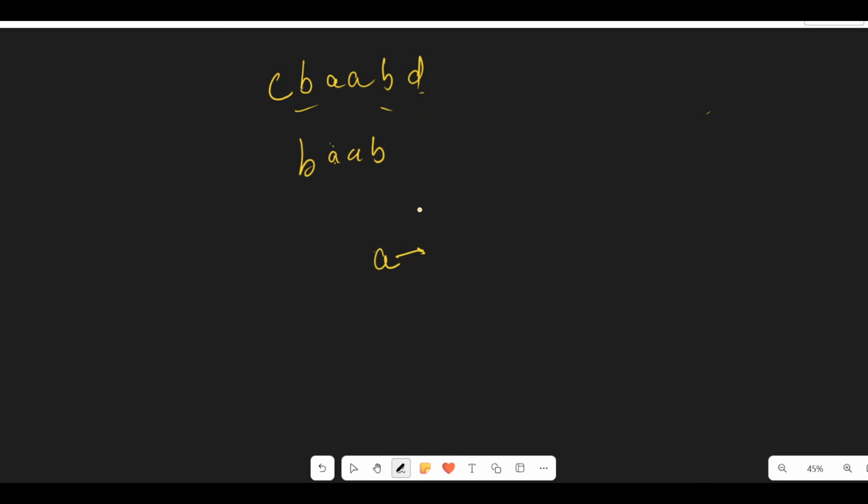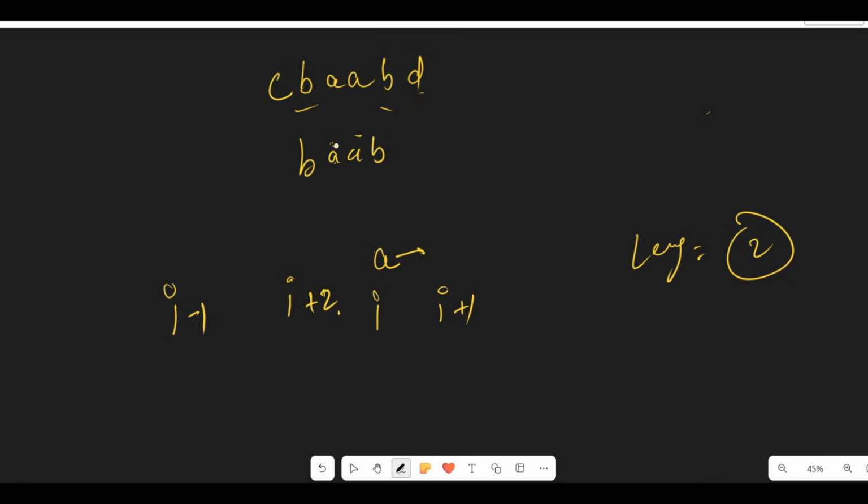So if we are fixing this A, which is at the ith position, we will be checking i with i plus 1. This A and A are the same, so the current length of the maximum palindrome is 2. Now we will check i minus 1 and i plus 2.